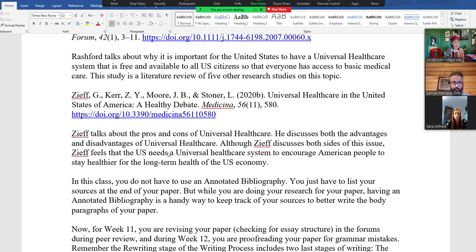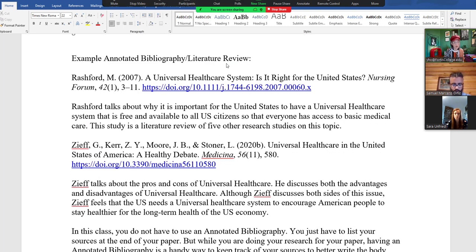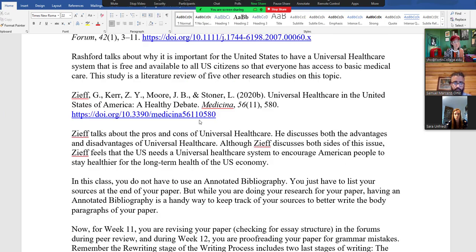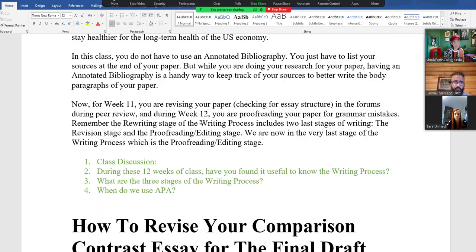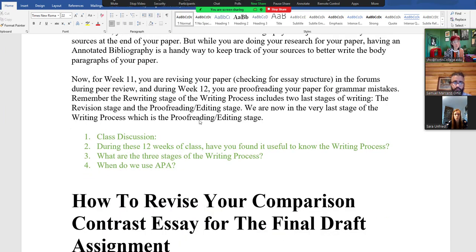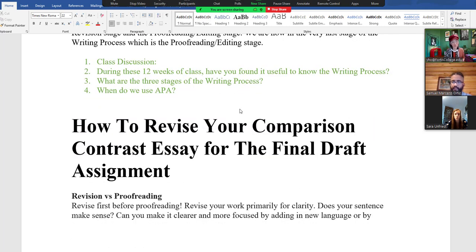So obviously this person was doing a paper on universal healthcare, and these are like 2 of the references. But in this class, we don't use an annotated bibliography. Anyway, that's an annotated bibliography that you could use when you write a longer paper with more than three sources. Most people can keep track of 3 sources, but if you go beyond 3 sources, the human brain can only do 3, and then after that it goes poof.